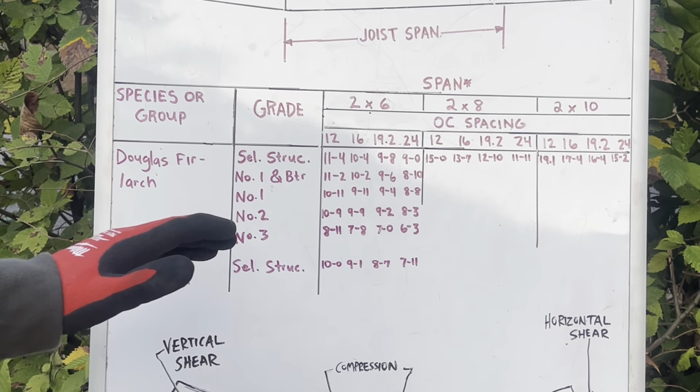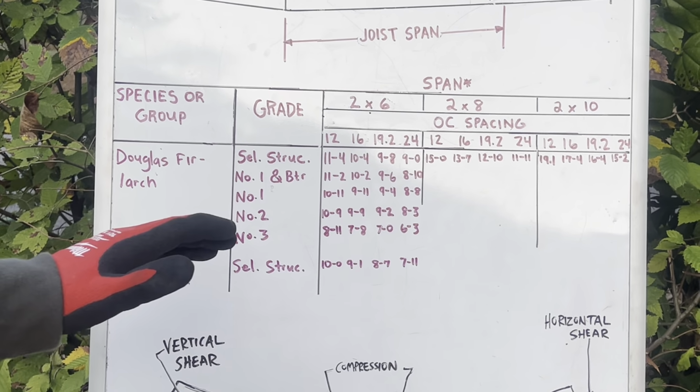So we got Douglas fir, larch. This is your species. Now it's letting me know right here as we go over, this is my grade. Look right here, this is select structural. Now I can choose from either if I'm using joists that are 2x6, if I'm using joists that are 2x8s.